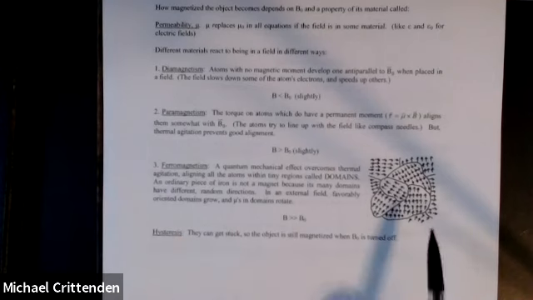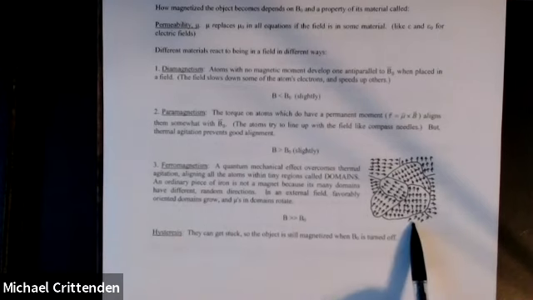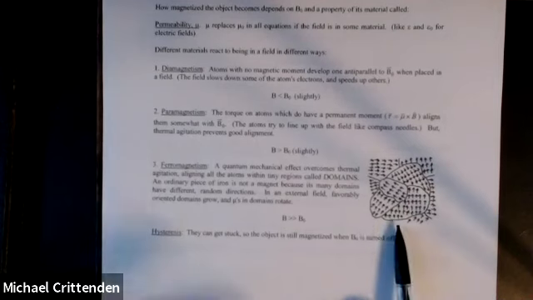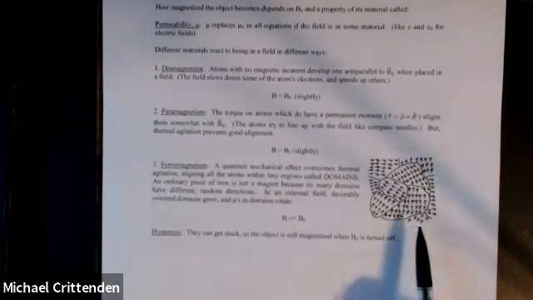It means the state of the material is determined by what happened to it in the past. A material that has a lot of hysteresis is good for making permanent magnets. It's good for making magnetic information storage, like audio tape, videotape, magnetic discs that you would use with computers.